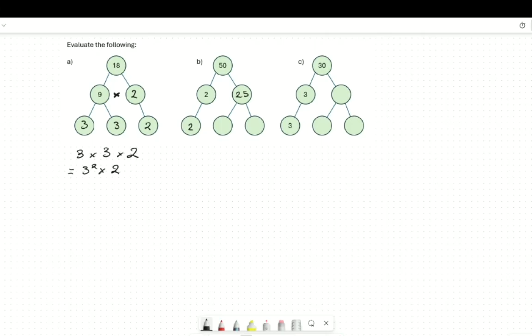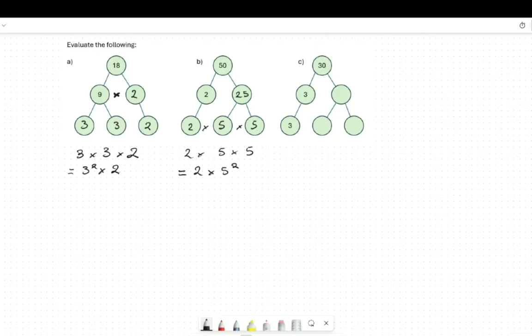We know that 5 times 5 is 25, and at the end we have 2 times 5 times 5. In index form, that's 2 times 5 squared.